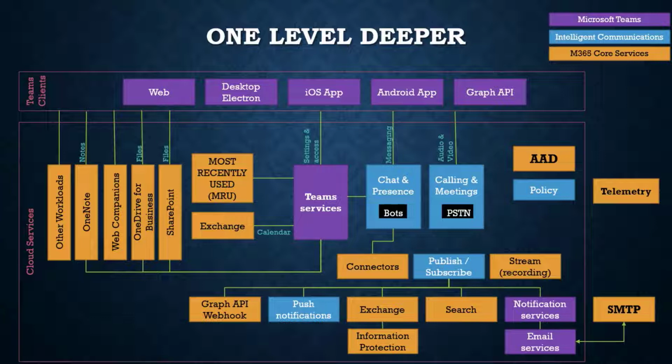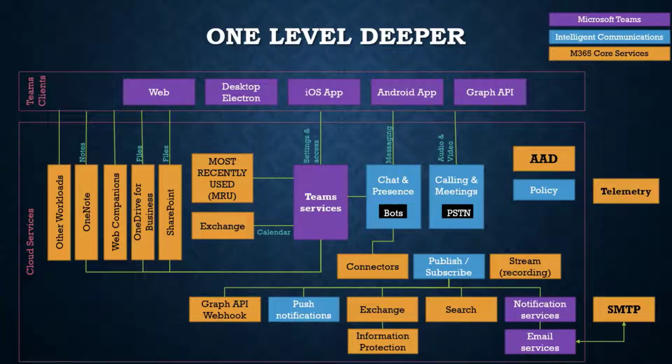And so if you've ever seen office.com, that's how Microsoft 365 knows what you've last saved, what you've last sent, what emails you've been responding to and when. So that's all held inside Teams, inside the MRU.